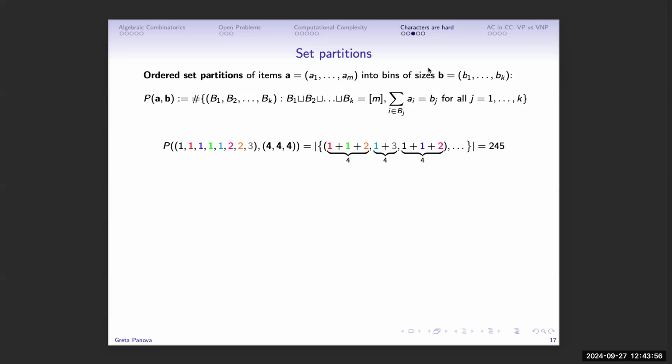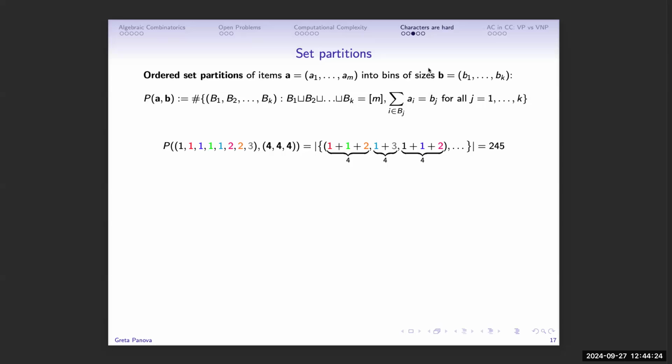And they are ordered, meaning that these are treated as different depending on where they are. So here is an example where I've colored all of these A's. There are 5 different ones, 2 different 2s, and 1 3. And we want to split them into bins of sizes 4, 4, and 4.